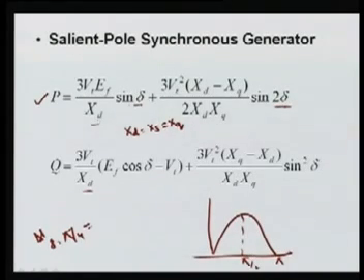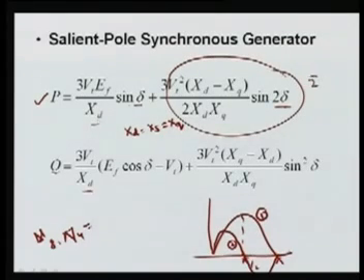So we are going to get another component like this. I can call this component number 1 and component number 2. This is the diagram for component number 2, and this is for component number 1.